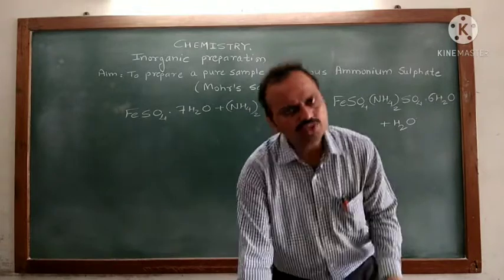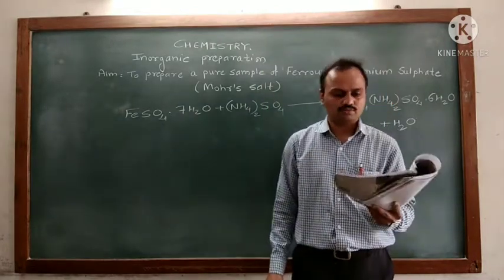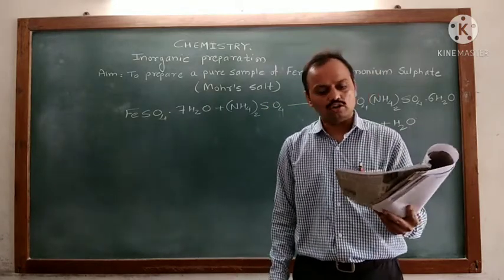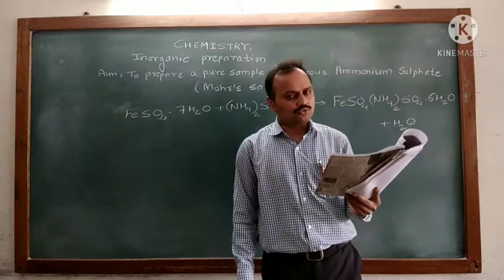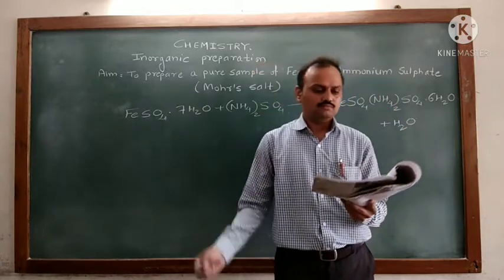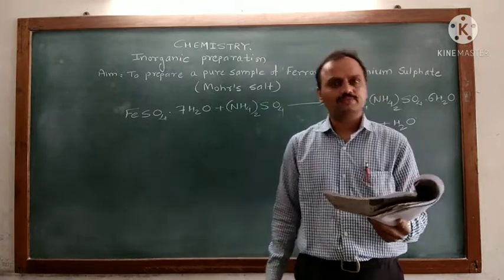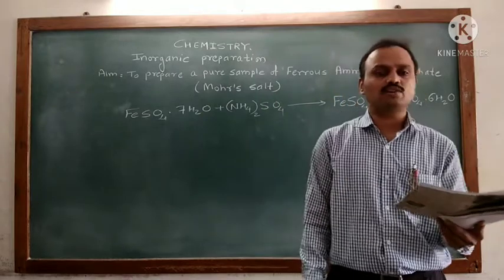Students, which apparatus are we going to use? We have to use china dish, beaker, funnel, glass rod, tripod stand, wire gauze, pair of tongs, etc. Chemicals we require: ammonium sulfate, ferrous sulfate, concentrated sulfuric acid.